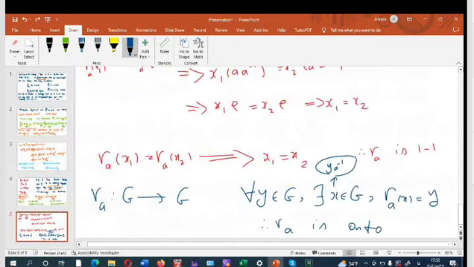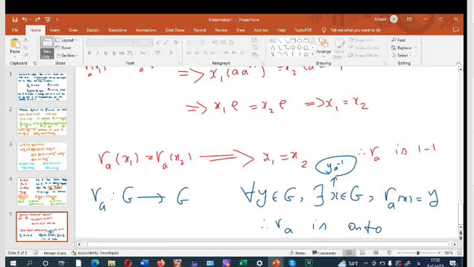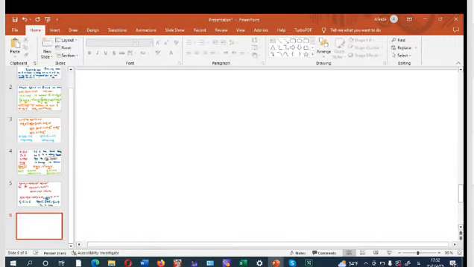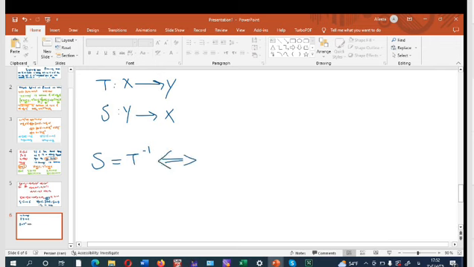Please note that if T is a function from X to Y and S is a function from Y to X, S equals the inverse of T if and only if S o T equals the identity map and T o S equals the identity map.